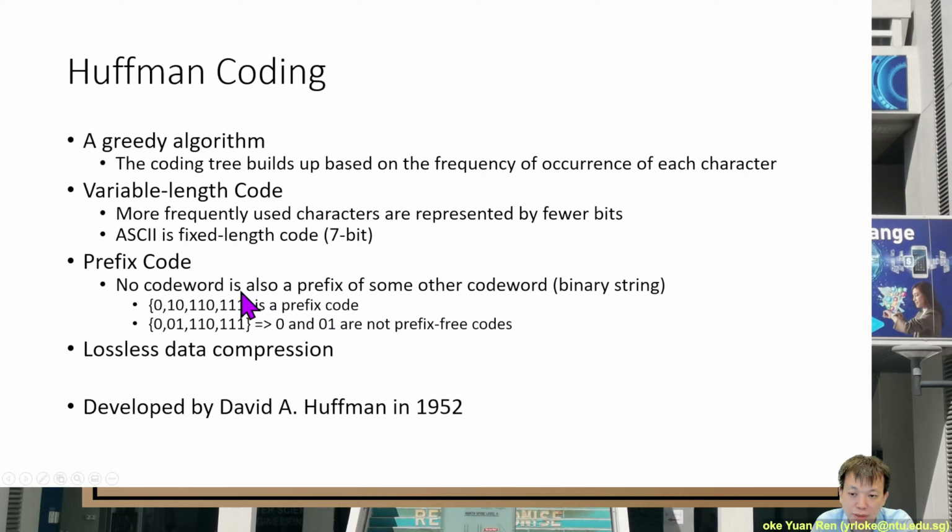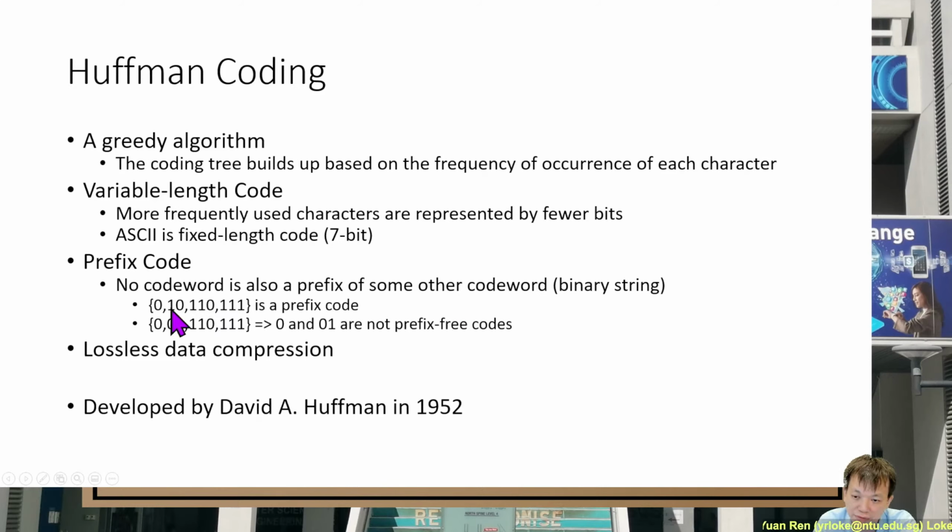That means no code word is also a prefix of another code word. Later I will show you that by doing this, you can easily decode it. For example, this representation, 0, 0 1, 1 1 0, 1 1 1, is not prefix free.